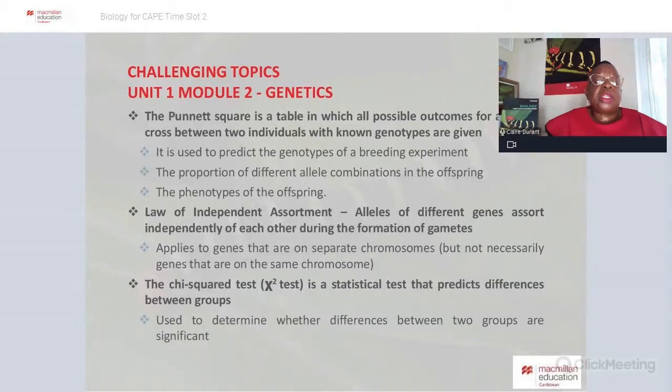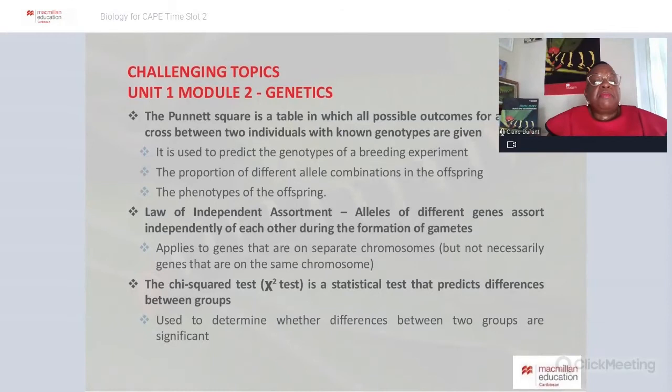It shows all the possible outcomes for a genetic cross between two individuals with known genotypes, and it is used to predict the genotypes of a breeding experiment. We know that Mendel did lots of experiments with pea plants, and we are going to just have a look at a little experiment with that.